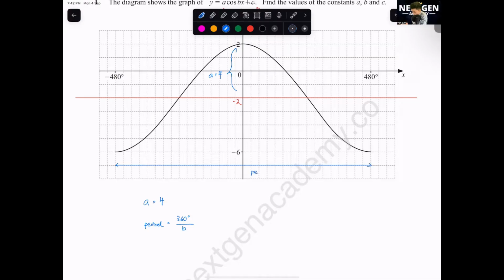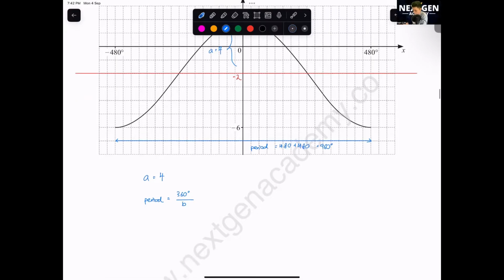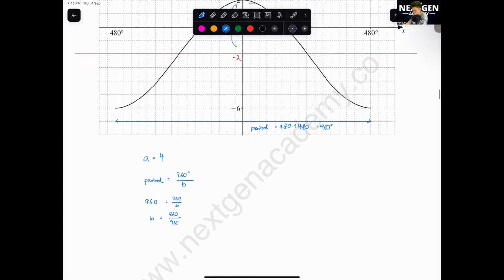So one period is how much? -480 to 480, basically 480 plus 480, which equals 960 degrees. So we put it into this formula: 960 equals 360 over b. b equals 360 over 960. You'll get b equals 3 over 8. So a equals 4, b equals 3 over 8.